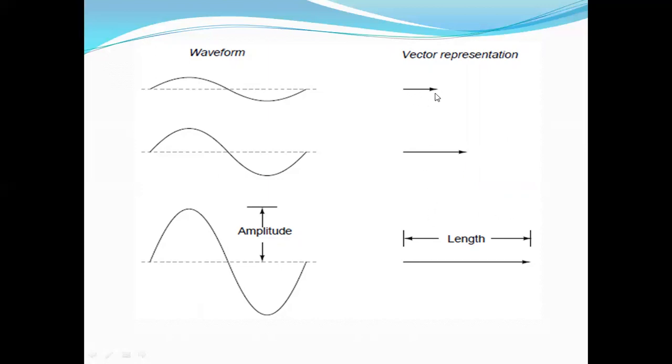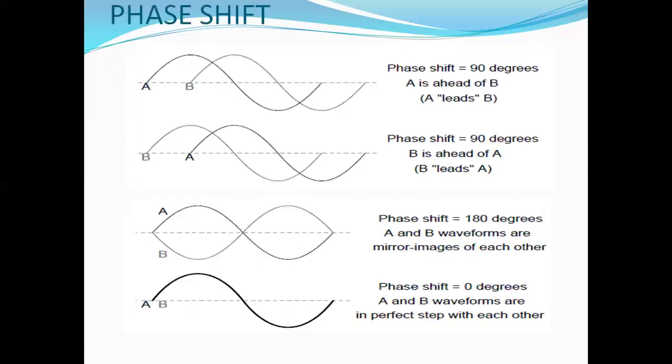The direction is the same for all, because they are all making an angle of 0 degree; only their amplitudes are different. That's why their length is different, but the direction is same.